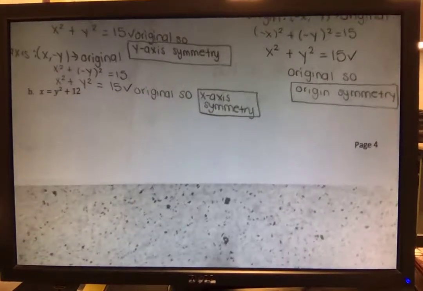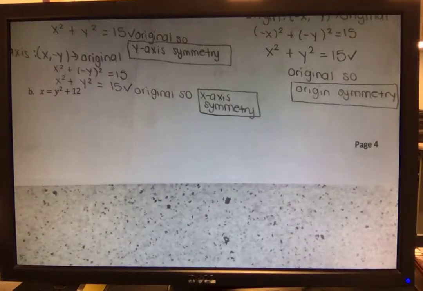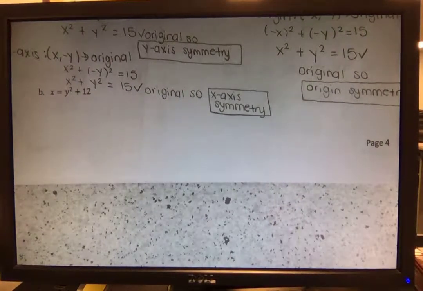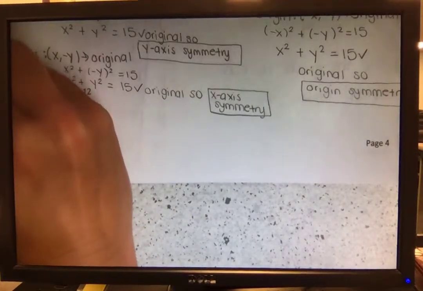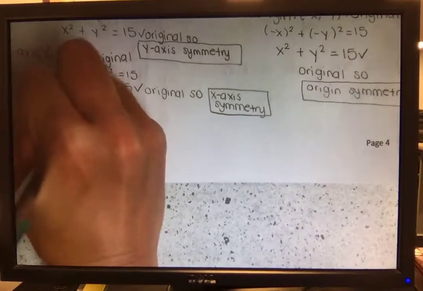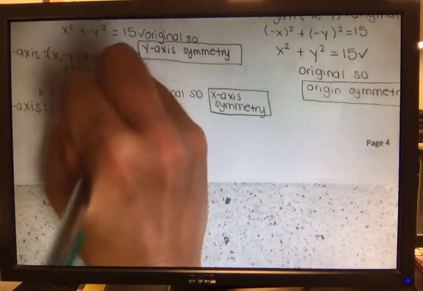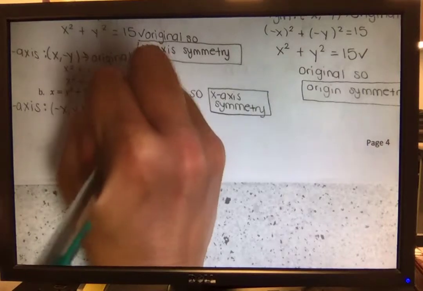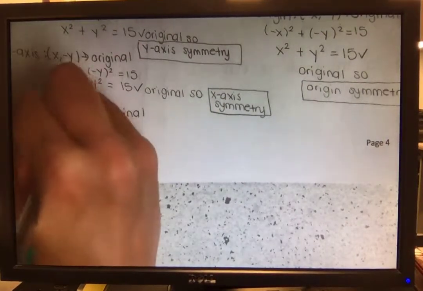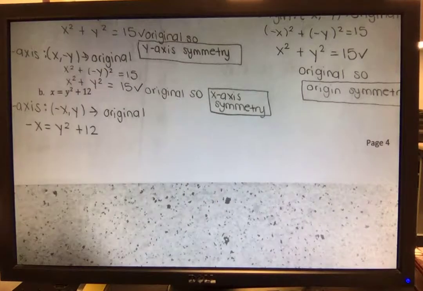Example B, same thing. We're going to test y-axis, test x-axis, and then test the origin symmetry. So example B, it says x equals y squared plus 12. First testing y-axis symmetry. We're going to plug in negative x to see if we get the original equation out. So negative x equals y squared plus 12.